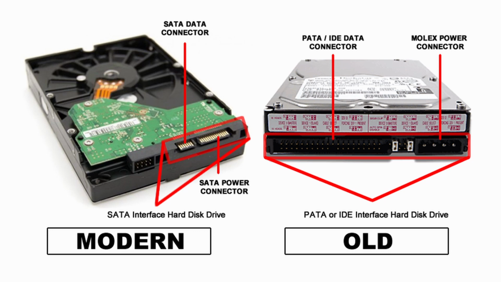This one uses serial advanced technology attachment. So this is called PATA and this is called SATA. So when we say a PATA hard drive, this is a PATA hard drive. When we say a SATA hard drive, this is a SATA hard drive. How can you tell? You can only tell based on the power connector it uses.